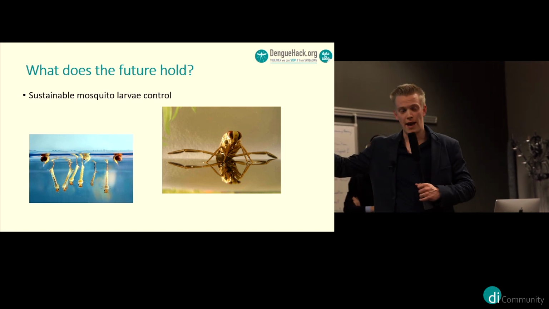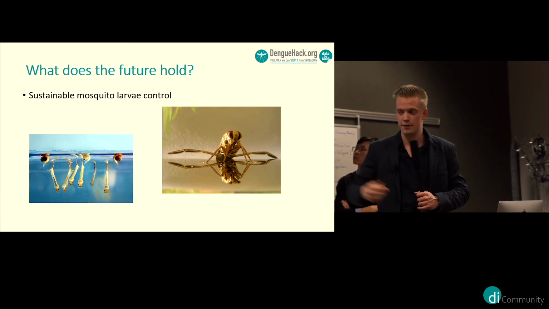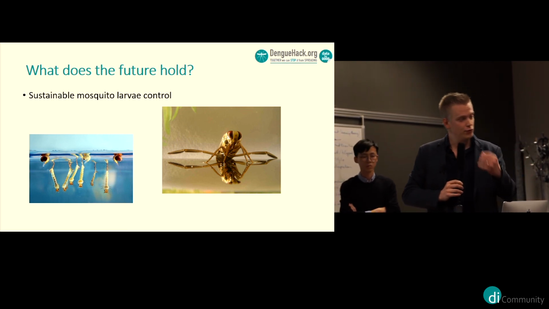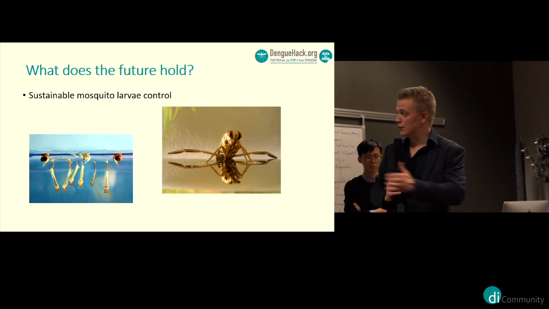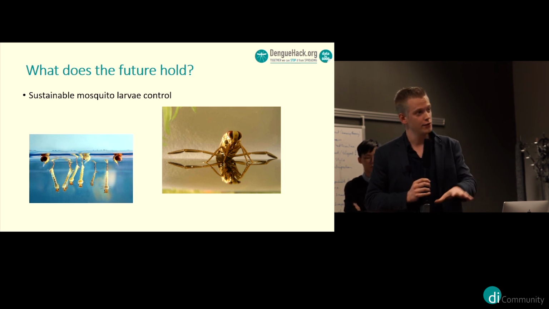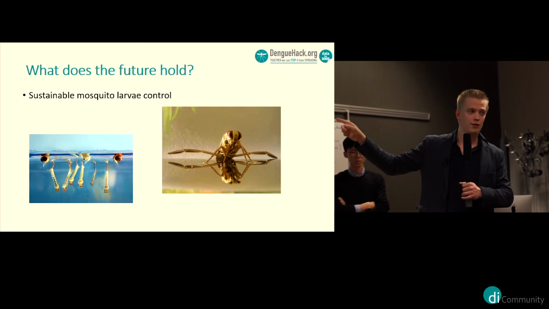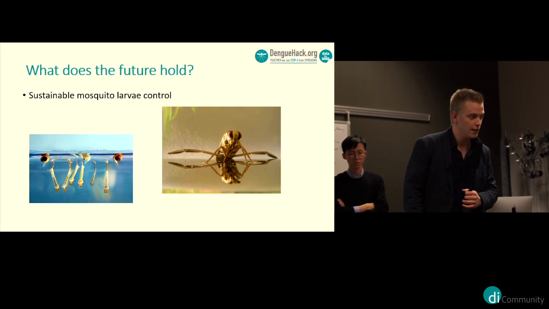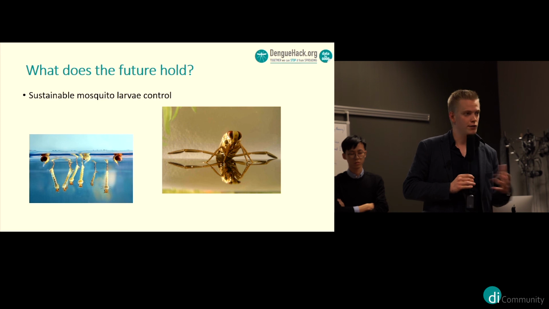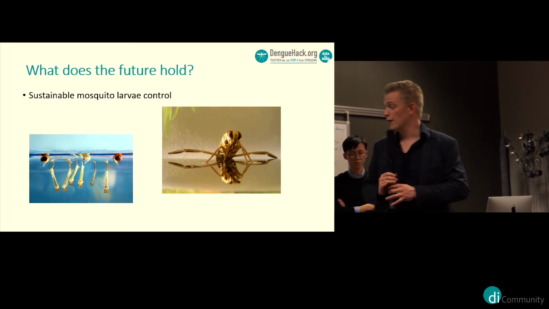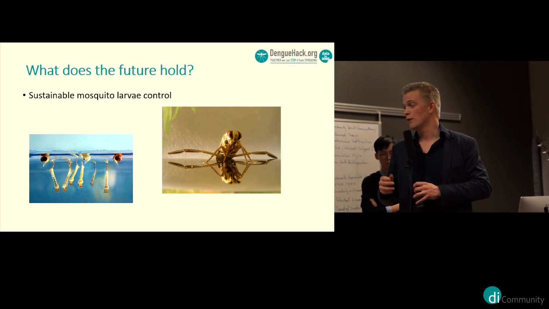These species actually produce these molecules, and mosquitoes are very much able to smell these molecules and avoid laying eggs in these kinds of systems. And the nice thing is that the molecule is very easily and cheaply made. So this may be another cost-efficient way of controlling mosquitoes in a sustainable way.